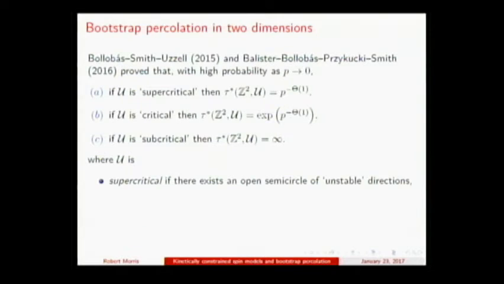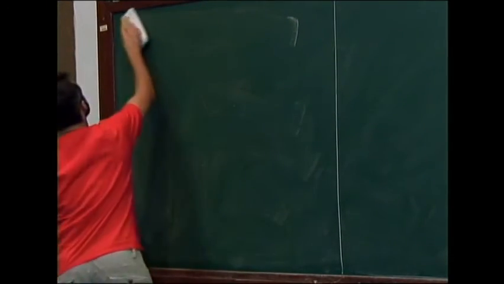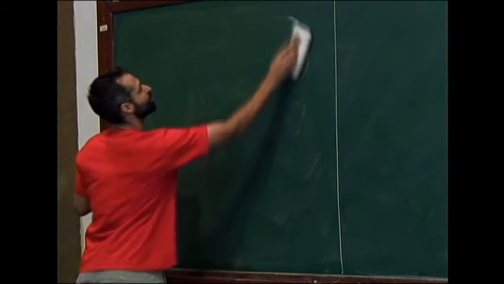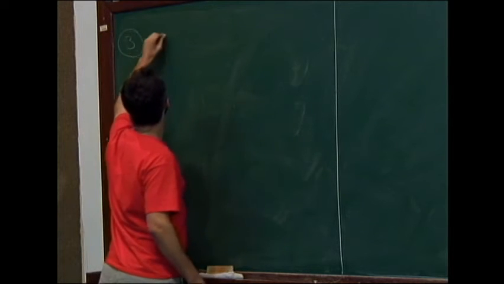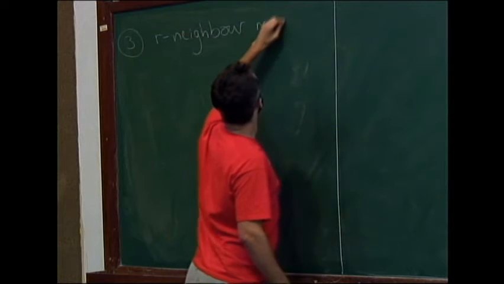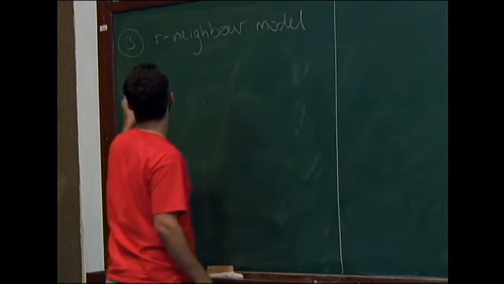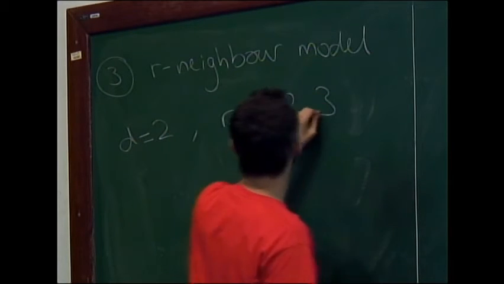So what's the definition? I need to tell you what stable directions are. Let's think of 2 particular examples again. I'm going to use the r-neighbor model again, for d equals 2, and r can be 1, 2, or 3.